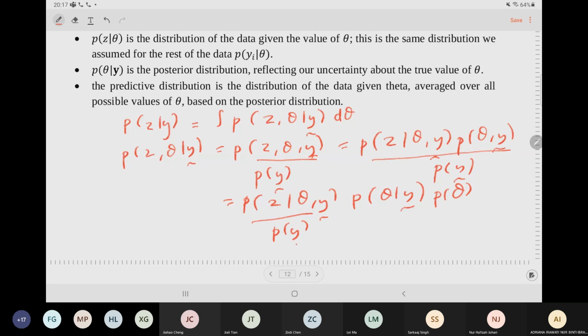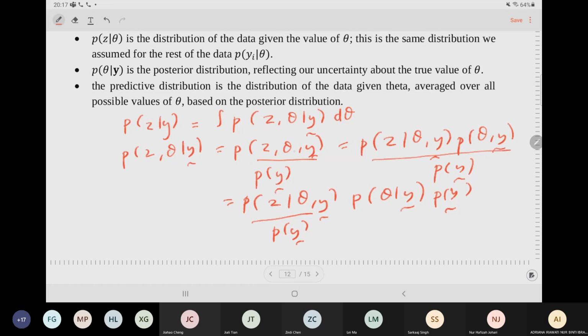Oh, sorry, this is not P(theta), it should be P(y). So you can see over here, if you have the joint for z and theta, then we have the joint for z, theta, and y divided by p(y).